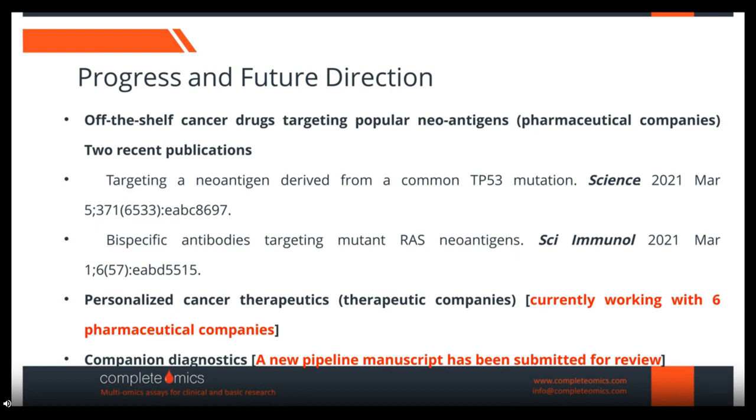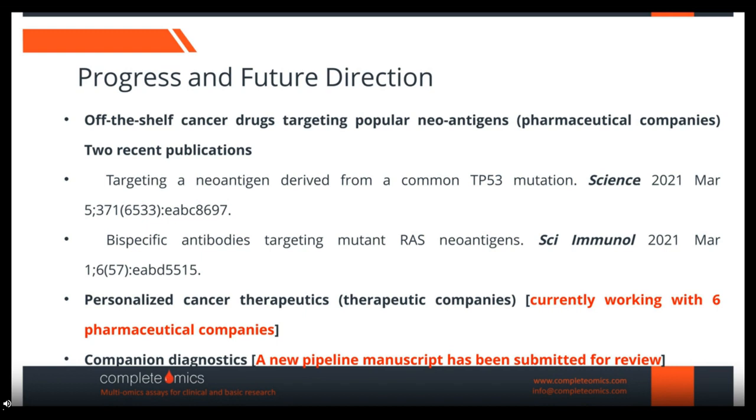With our contribution to the project led by Dr. Bert Vogelstein at Johns Hopkins, we were able to help him build bispecific antibodies targeting a common TP53 mutation, and also another bispecific antibody targeting a very common KRAS mutation.